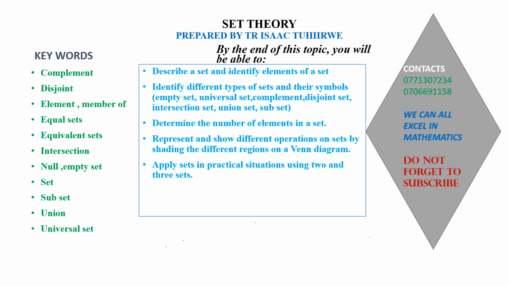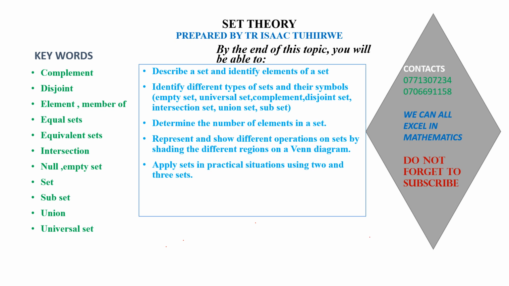And that's what we are going to look at, that learning outcome number 5. Apply sets in practical situations using 2 and 3 sets. This first part of sets in this new curriculum, we may not be told to shade, but it helps us understand different regions. But now we want to focus more on that learning outcome.